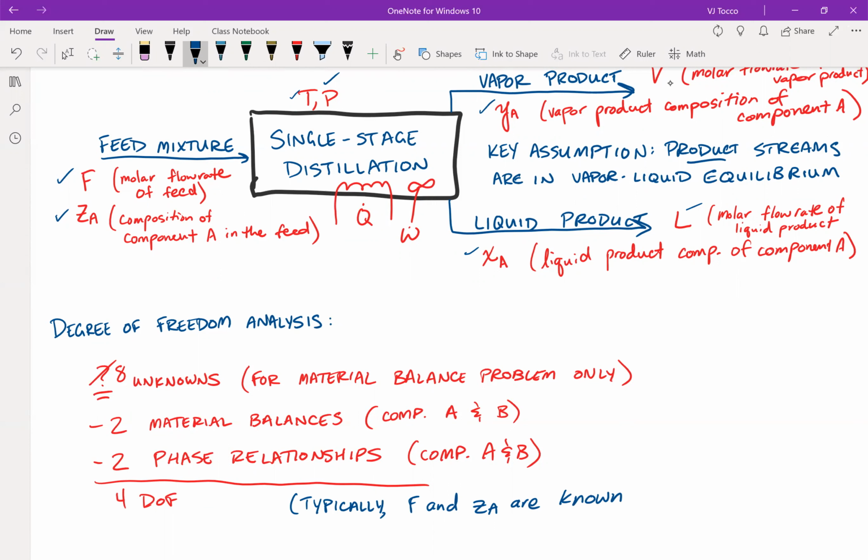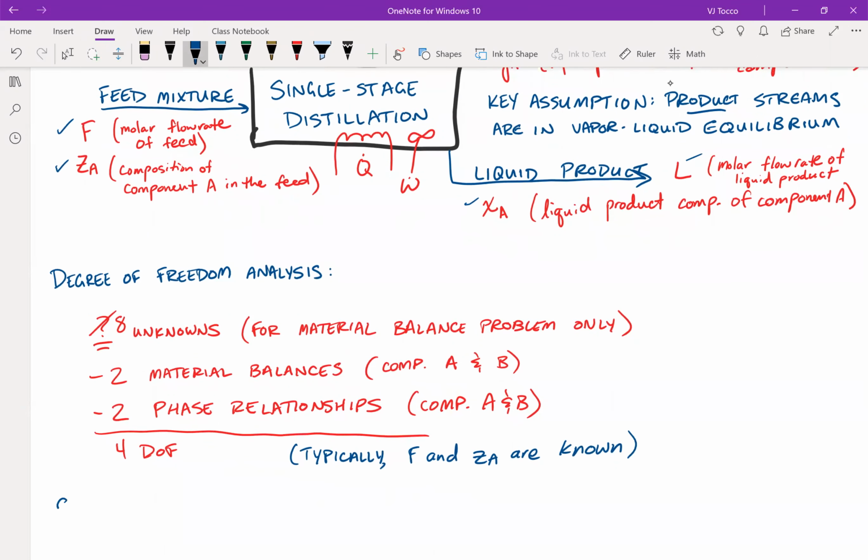And if I further consider what Gibbs phase rule says, remember Gibbs phase rule is 2 plus the number of components minus the number of phases, minus the number of reactions, but we don't consider reactions in this class. So for a binary mixture in vapor-liquid equilibrium, I've got 2 plus 2 minus 2, which is equal to 2.